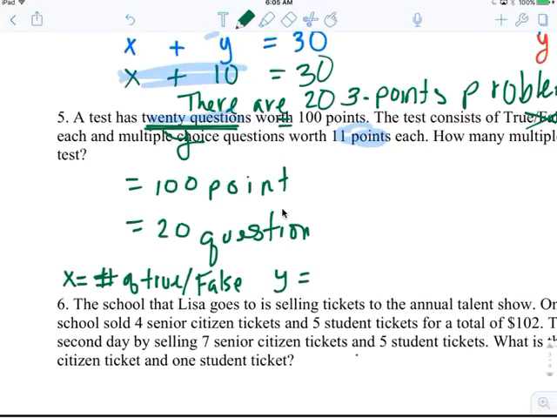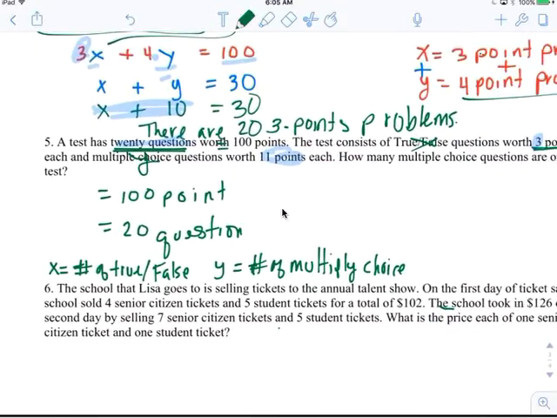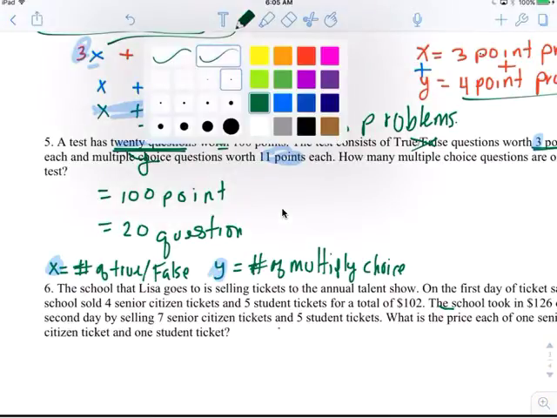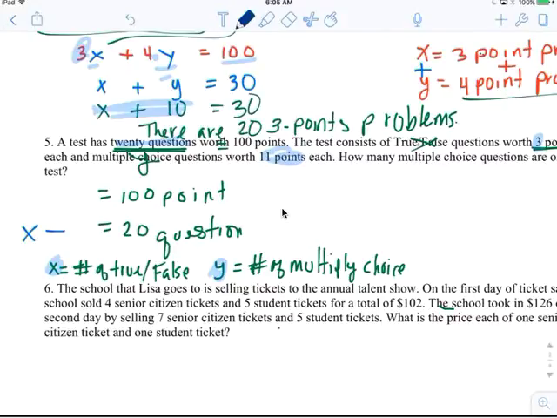Y represents the number of multiple choice questions. Okay, so the number of questions is X and Y. X and Y has to equal 20 questions altogether. Okay.